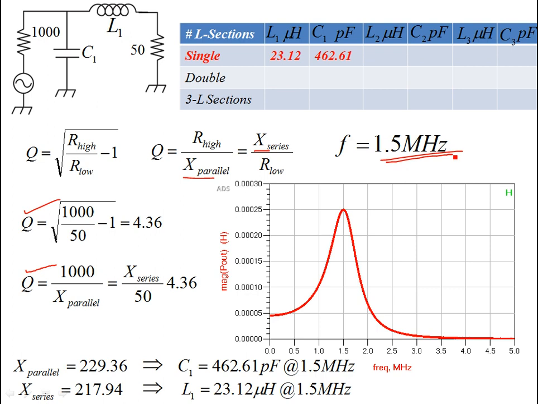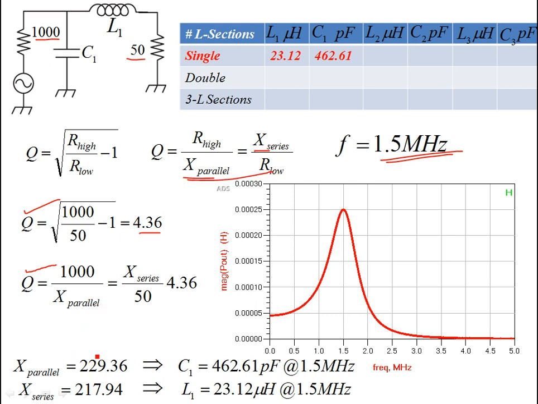In this case, let's say the design frequency is 1.5 megahertz, and you have a load that is 50 ohms, which is supposed to be matched to a source impedance of 1000 ohms. You find the Q, with the high impedance 1000 and the low 50, and you get 4.36. You use those design equations as you've done before.